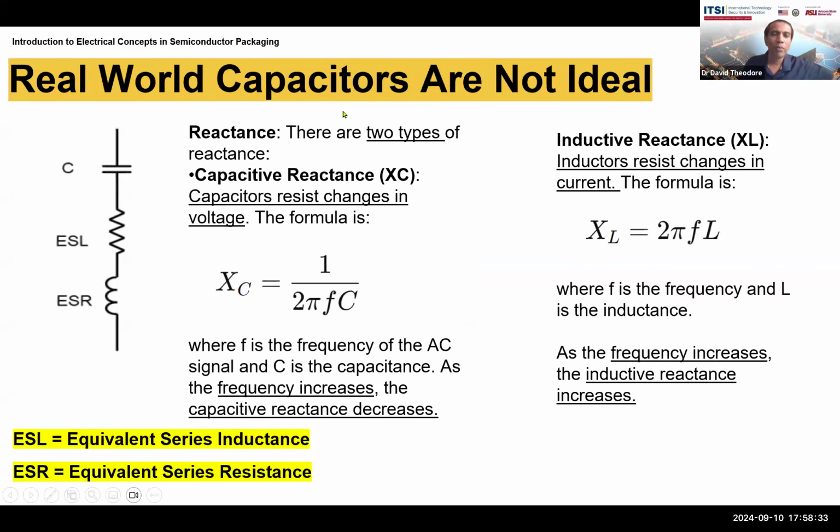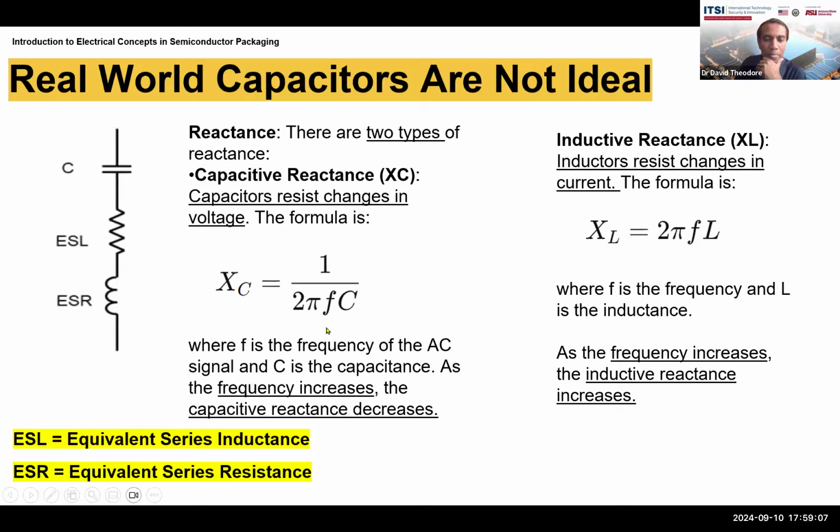So continuing with this topic, real world capacitors are not ideal. The reactance, we said there are two types of reactance. The first is capacitive reactance, which is given by X sub C. Capacitors, as I mentioned, resist changes in voltage, and the formula for the capacitive reactance is XC equal to 1 divided by 2 pi FC, where F is the frequency of the AC signal and C is the capacitance of the capacitor, typically in farads, microfarads, picofarads, and so on.